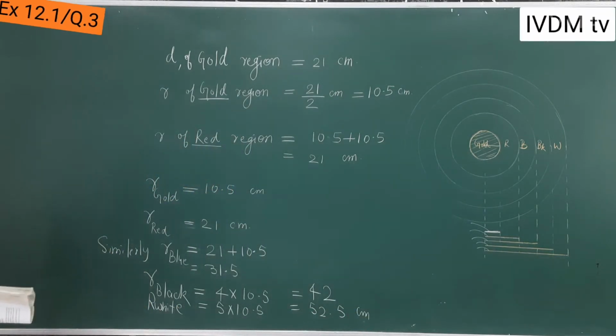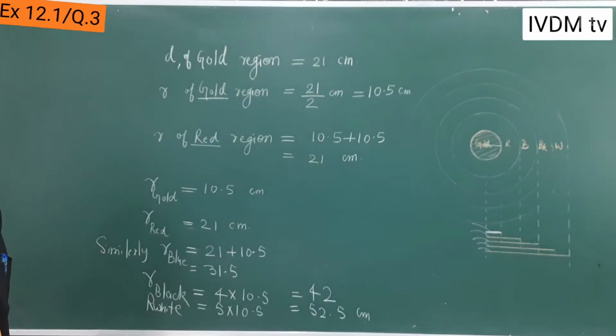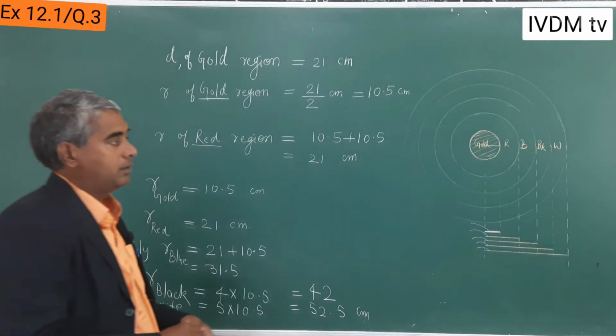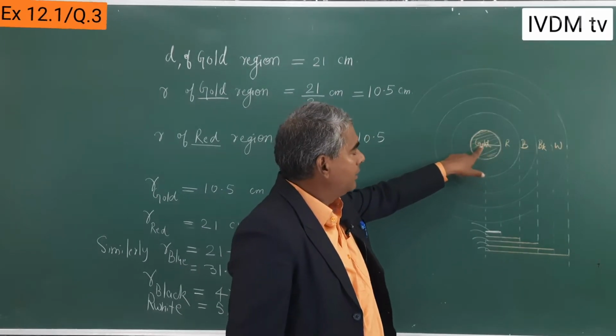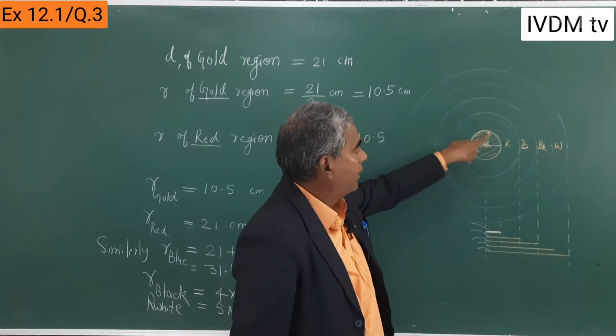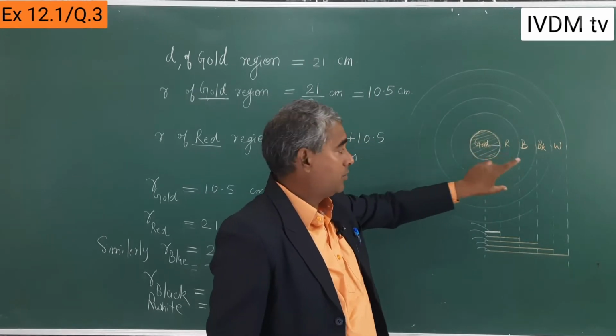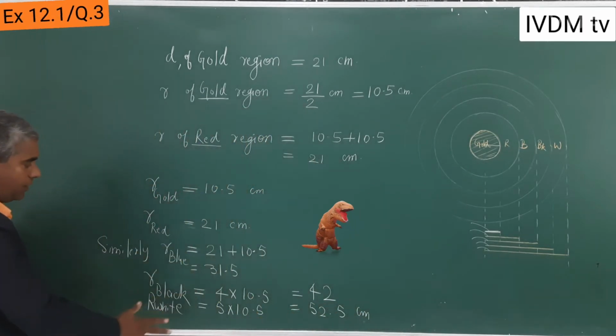Now the area. Find the area of each of the 5 scoring regions. Area is equal to pi r square, but the gold is a circle and the others are rings. These are rings of red. So in the ring, what will you do? First note it.